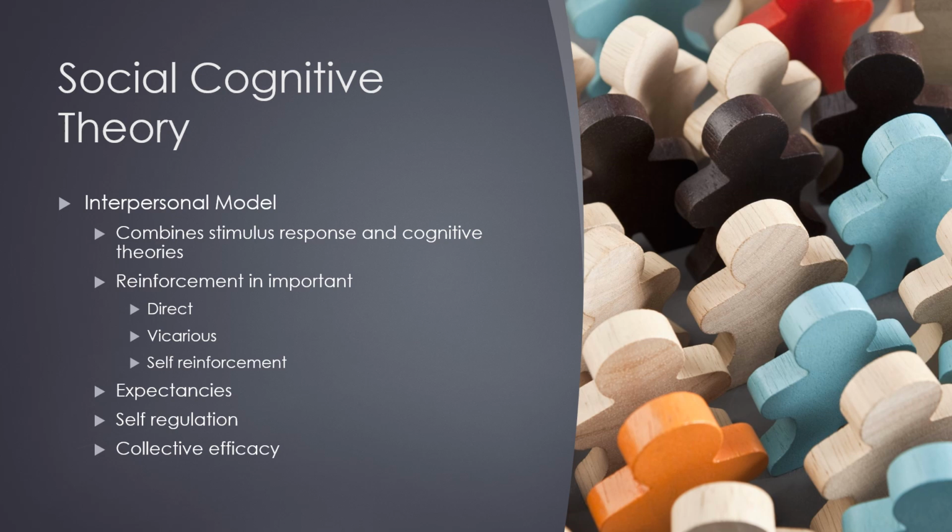The construct of self-regulation or self-control is very important in this model and states that individuals may gain control of their behavior through monitoring and adjusting it. This model is also related to efficacy and efficacy expectations. It's also one of the only theories that talks about collective efficacy.